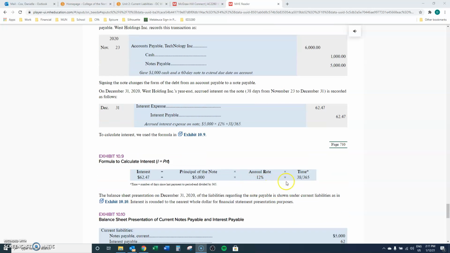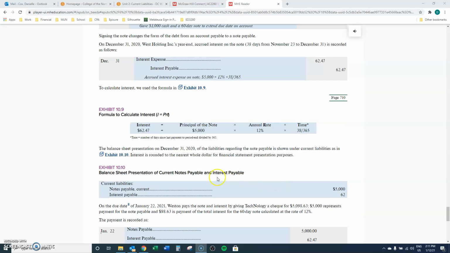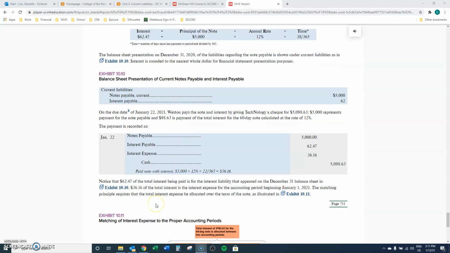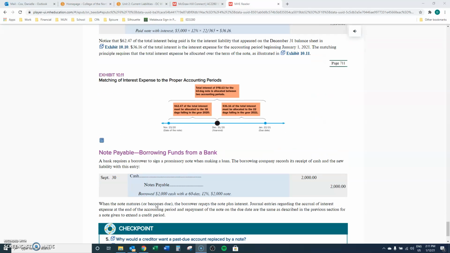And here they show you how to calculate interest and how it's presented. So current liabilities, a note payable, and interest payable. And I think they do note, sorry, I'm trying to look at my notes and then find where it is here.